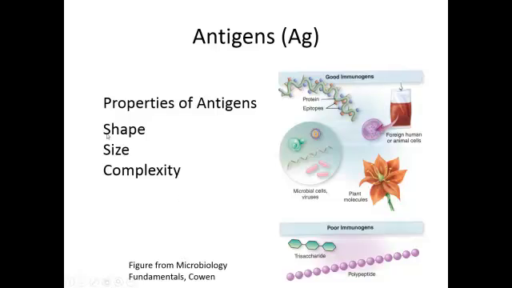If they have a complex shape, then they're going to stimulate the adaptive immune system. They are good antigens. Their size, generally speaking, if you're too small, you're not going to stimulate the immune response. So we look for big stuff, and we're looking for not only a rigid shape, but complexity in that shape.